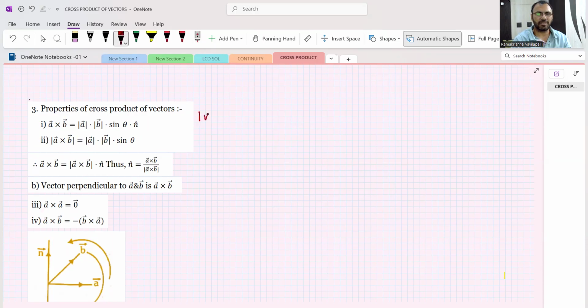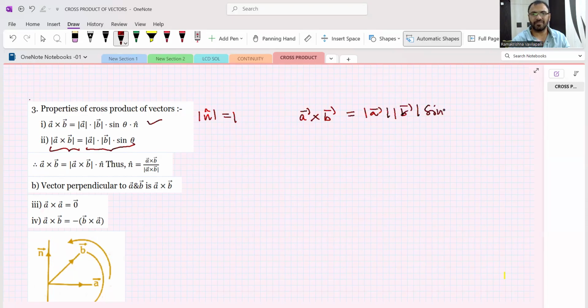Therefore, substituting this quantity, we get that the modulus of A bar cross B bar equals mod A, mod B, sin theta. So A bar cross B bar equals the modulus of A bar cross B bar into n cap.